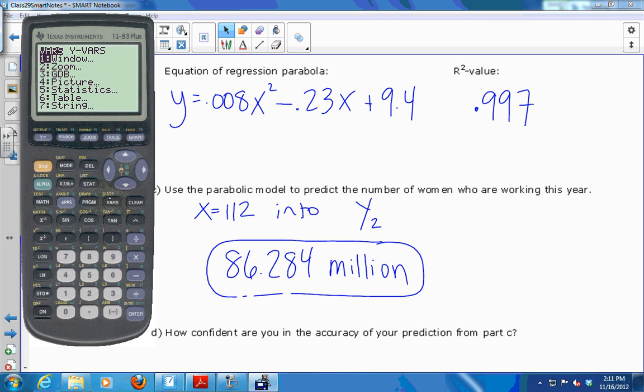You hit vars, y-vars, function y2, and then put the x value in parentheses, just like you would for f of x. So this would be y2 at 112, and you get 86.28, the same thing the table gave you. So it's just a nifty little thing. You can use the table or this, whatever you like.